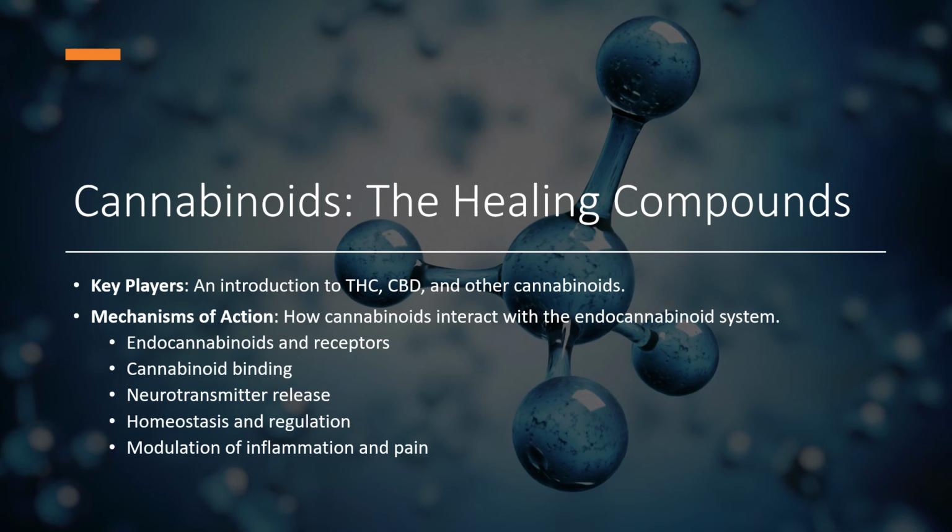The interaction between the cannabinoids and the ECS has led people to explore cannabis-based treatments for various medical conditions, like I said, chronic pain, epilepsy, multiple sclerosis, and a lot more. Understanding this interaction is going to be crucial for the development of targeted and effective cannabis-based therapy.